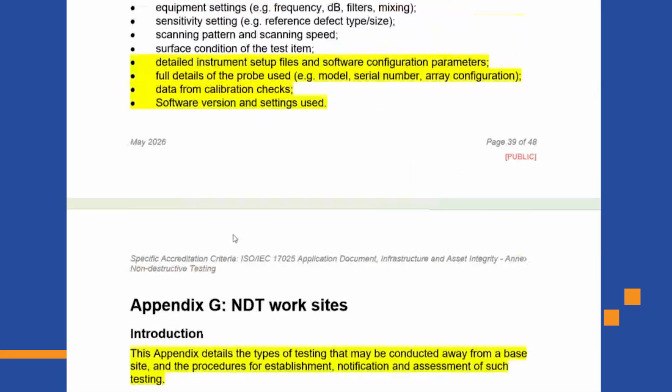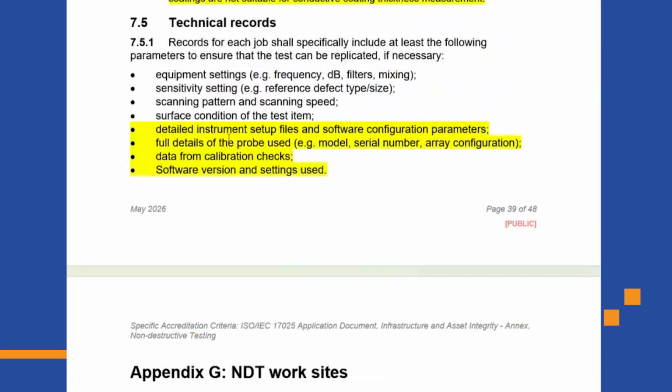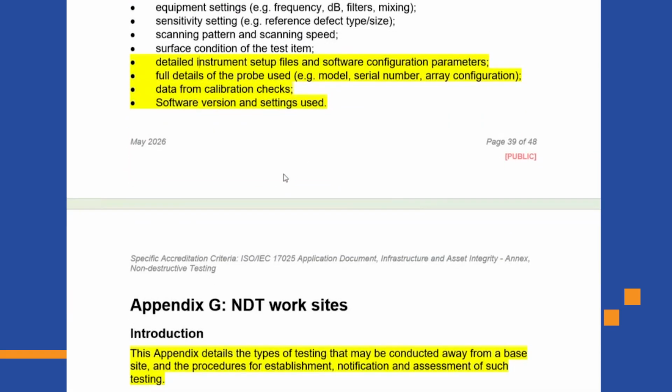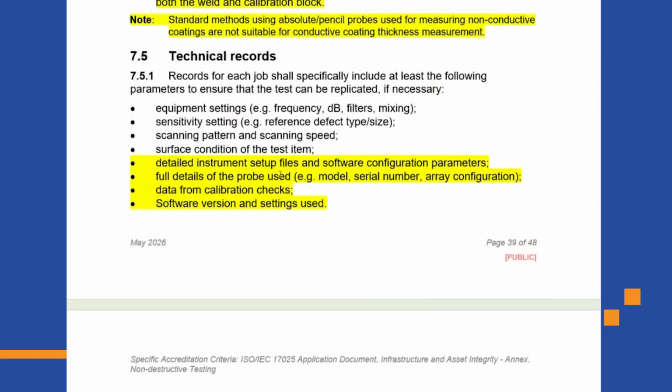Technical records, again, around that need to be recorded: the instrument setup, what probes you used, the calibration checks, and again, software and which settings you used. So being mindful of time, maybe we take one question for that, but then I would like to move on to Appendix G if there's a question.